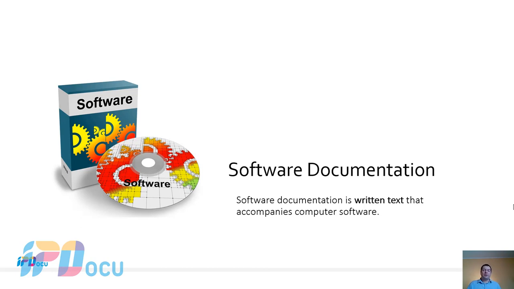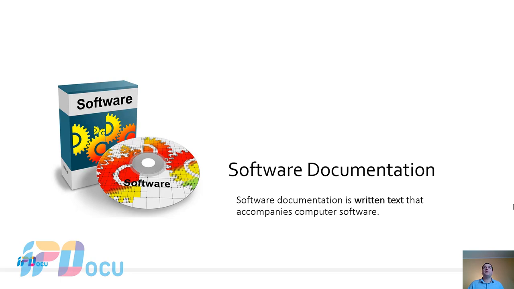Usually, software documentation is some written text that accompanies the computer software. This small statement, which explains what software documentation is, is actually extremely important because it also tells you something very important.